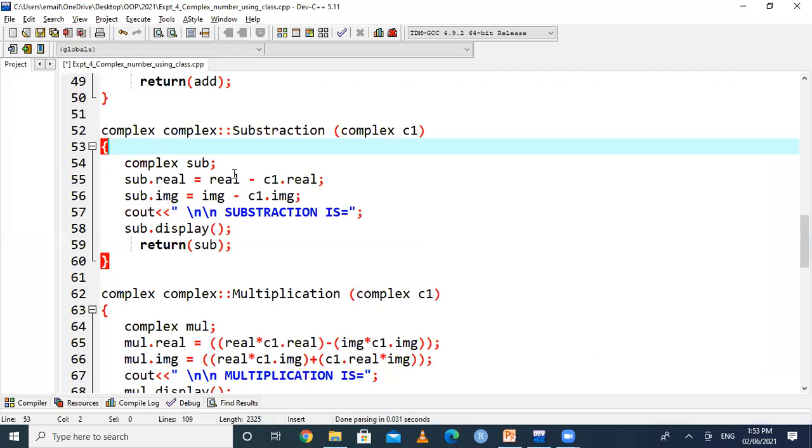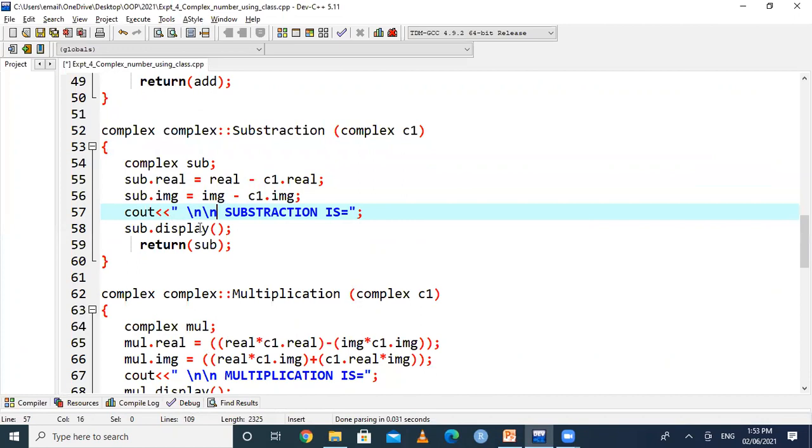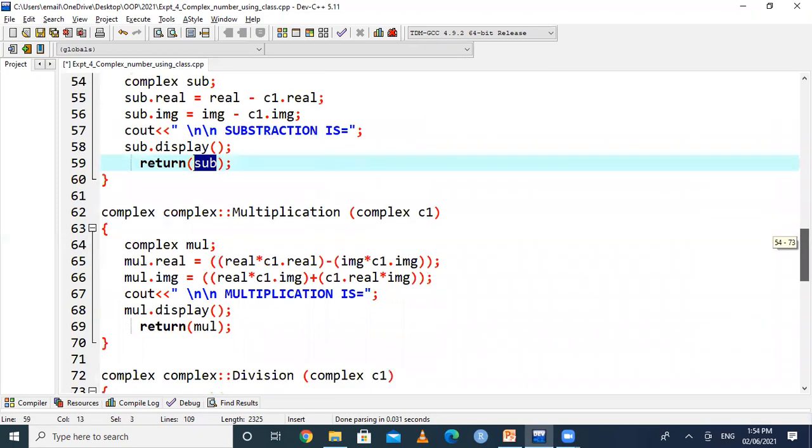So we define real minus c1 dot real and imaginary minus c1 dot imaginary, and we print the output "Subtraction is", then call the display function. Here the type is other than void, which is complex, so we return this object sub.